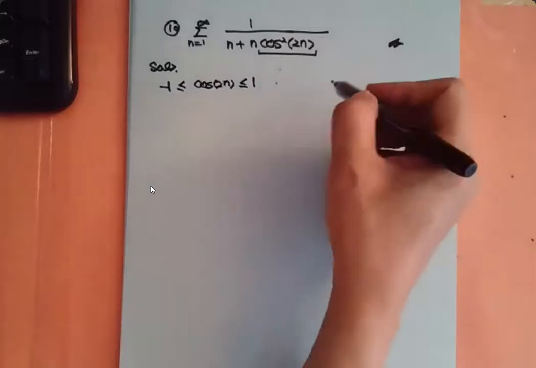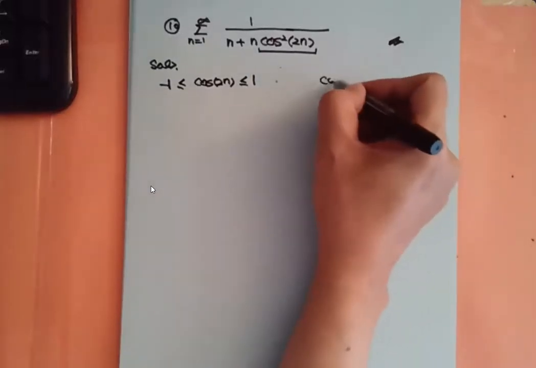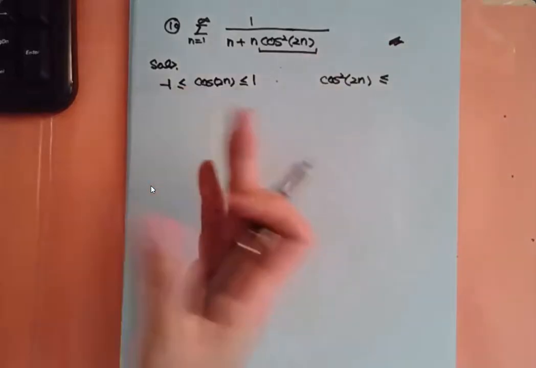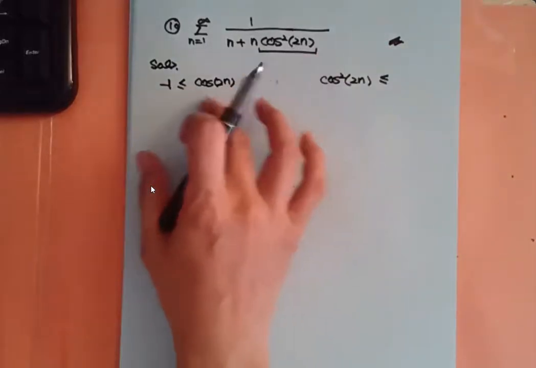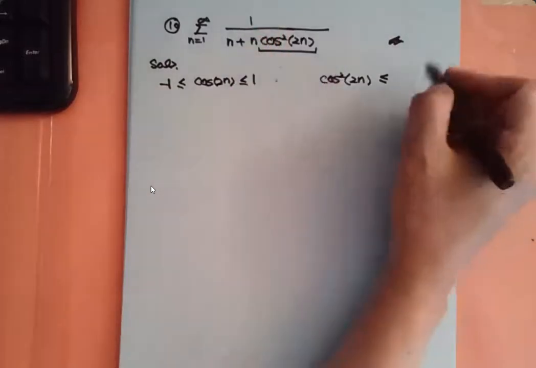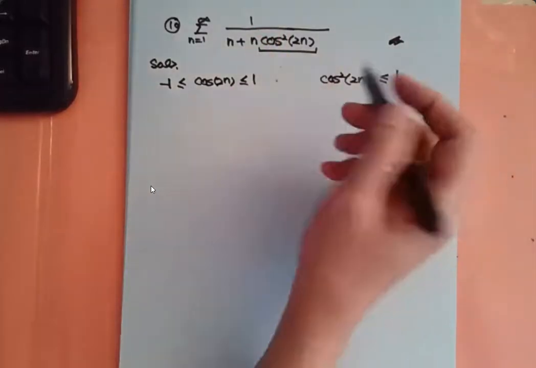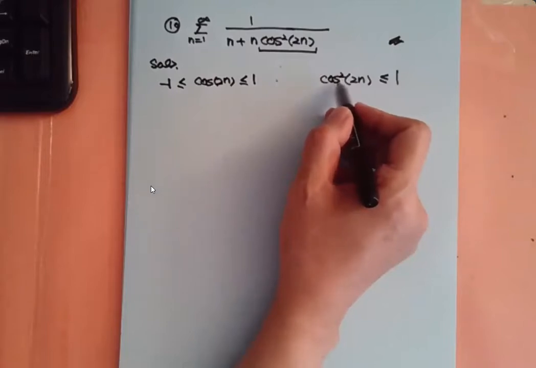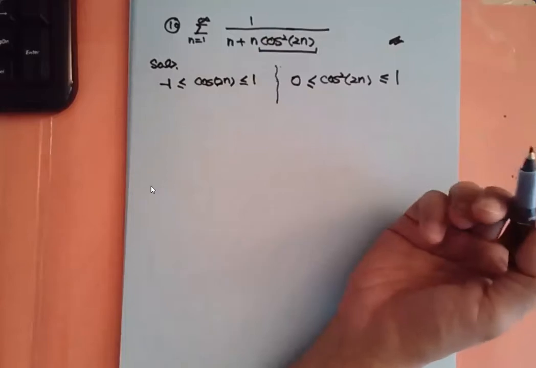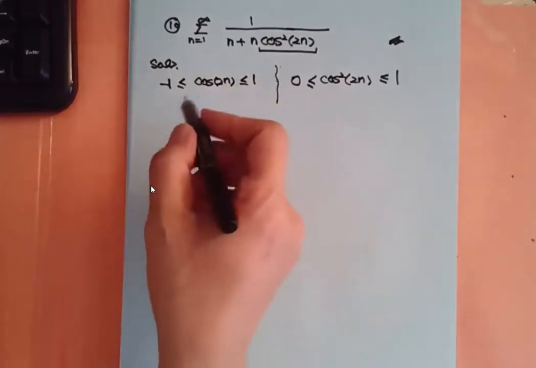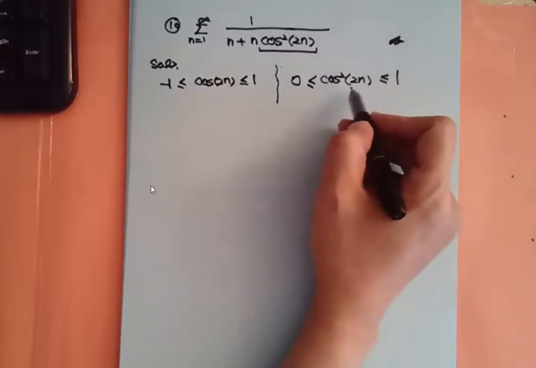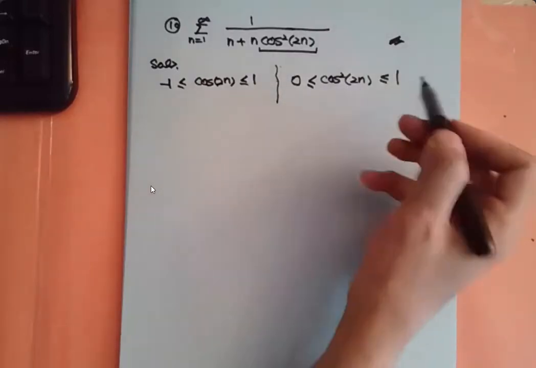But if you think about cosine squared of 2n, then when we square, the largest number squared is still 1, right? But cosine squared is positive or 0, so it should be greater than or equal to 0, right? So cosine squared of 2n is bounded by 0 and 1.